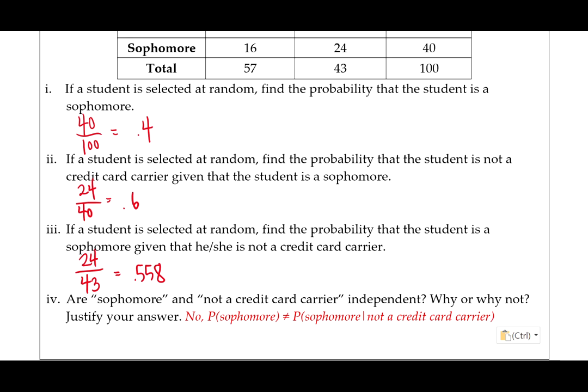And then we calculated the probability of being a sophomore given that we knew something else happened, given that the student was not a credit card carrier, which was 0.558. Since those probabilities were different, 0.4 changed to 0.558 because we knew information about the other event. That means these two events are not independent.